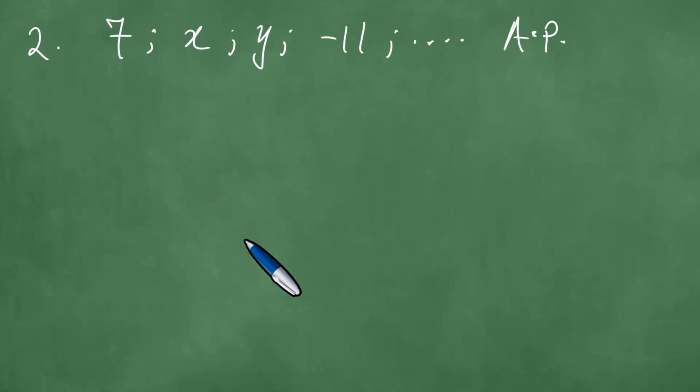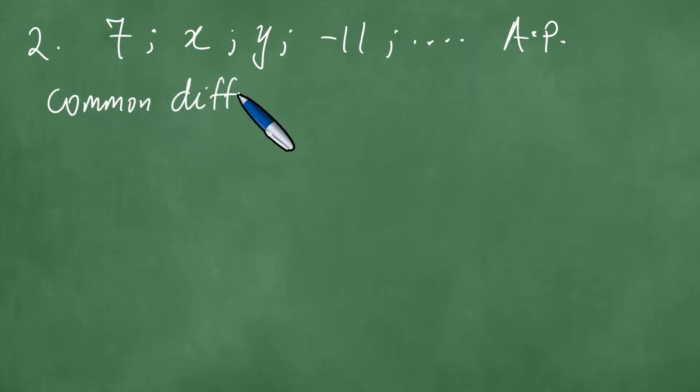So where do we start? Now, there are a couple of things we need to know about an arithmetic progression. What do we need to know about an arithmetic progression? An arithmetic progression has something we call the common difference. And the common difference is just one thing, and it's the only thing that we need to know here.